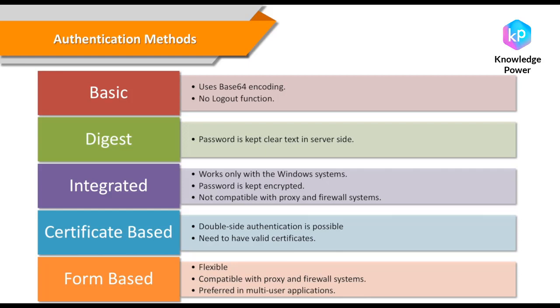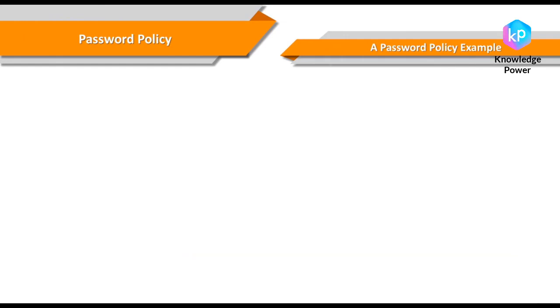In addition, they are able to be used with the proxies and firewalls, etc. In most cases, username and password values are used to authenticate a user. In this case, it's vital to have strong passwords. Therefore, the application should have a strong password policy.